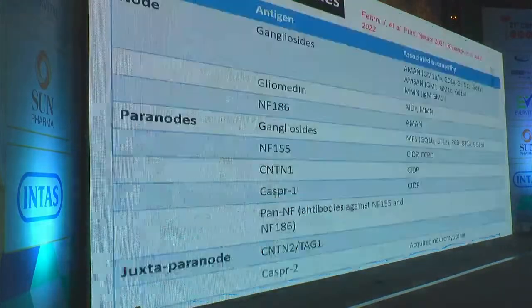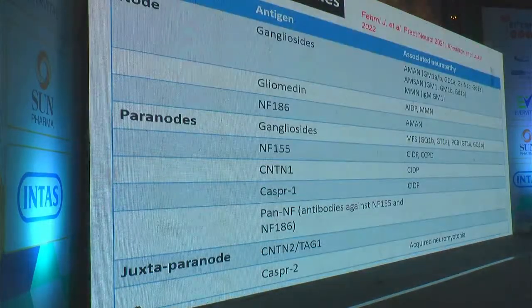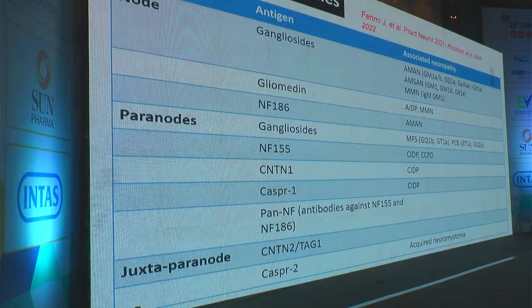So these are nodopathies or paranodopathies where various nodal or paranodal antibodies are involved. A classical example is the AMAN variant of GBS or the AMSAN variant of GBS. Even multifocal motor neuropathy is in fact a nodal type of neuropathy.